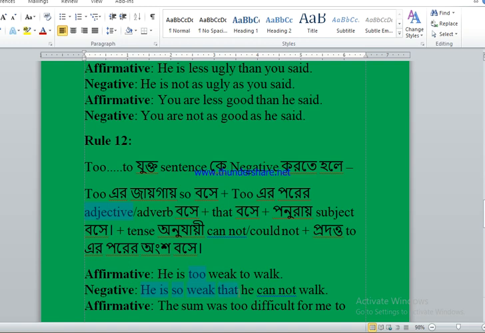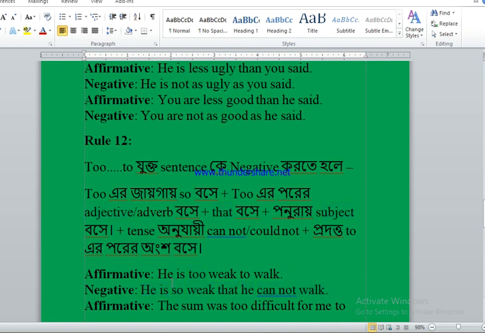Then you will use that. Okay, then you will use the second subject. Then you will use can, because here you have used is. If you see was here, you will use could plus not. Then the last word of the affirmative sentence.